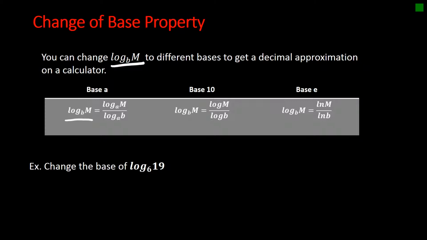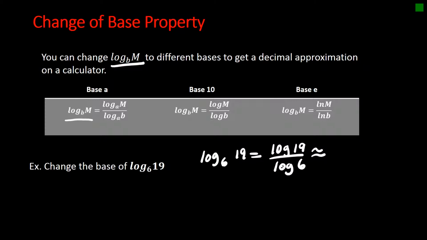Let's look at an example. Let's change the base, and we're going to change this to base 10 and base e, just to show that you will get the same answer. So log base 6 of 19 to base 10 will be log 19 over log 6.